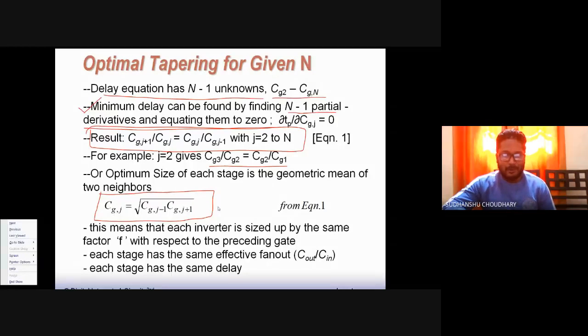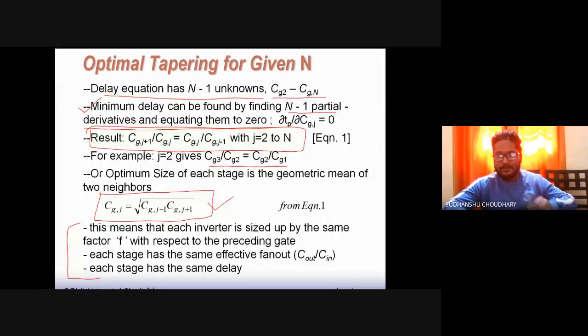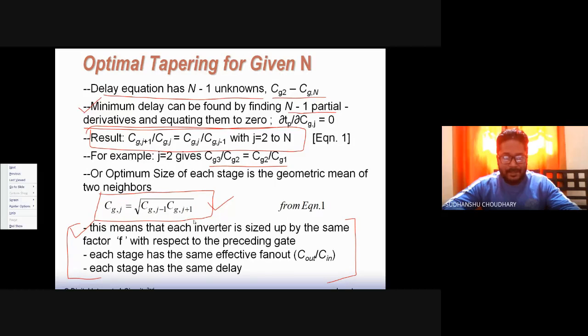Now, looking at this equation, I have three important observations, which we will now utilize in deciding the sizing of these inverters. The first observation from this equation is that each inverter is sized up by the same factor F with respect to the preceding gate.